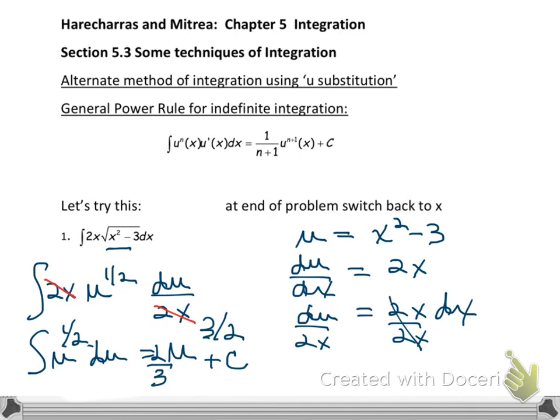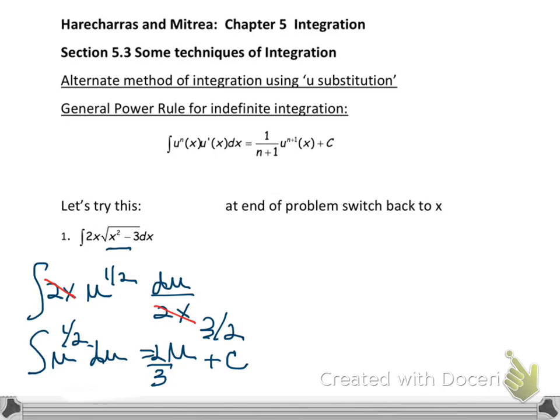Now we can't leave it like this because I really need to get back to the original problem. So at the end of the problem, I'm going to switch back to x.